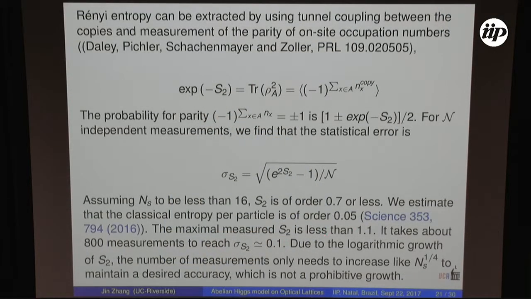So the maximal measured S2 is less than 1.1. If we want to measure the S2 within this error 0.1, it will take about 800 measurements.